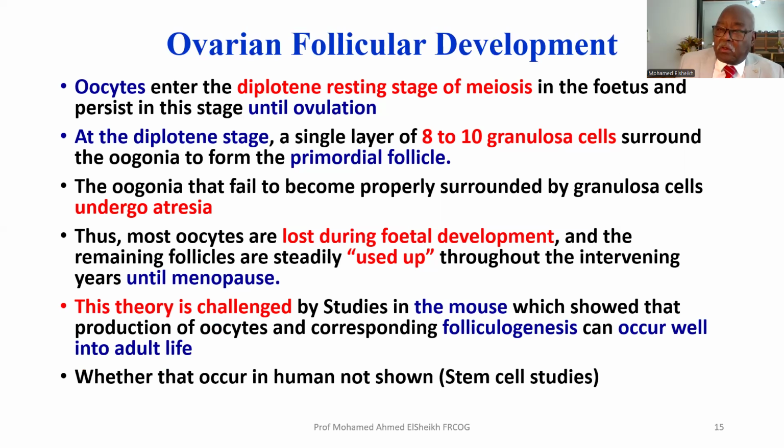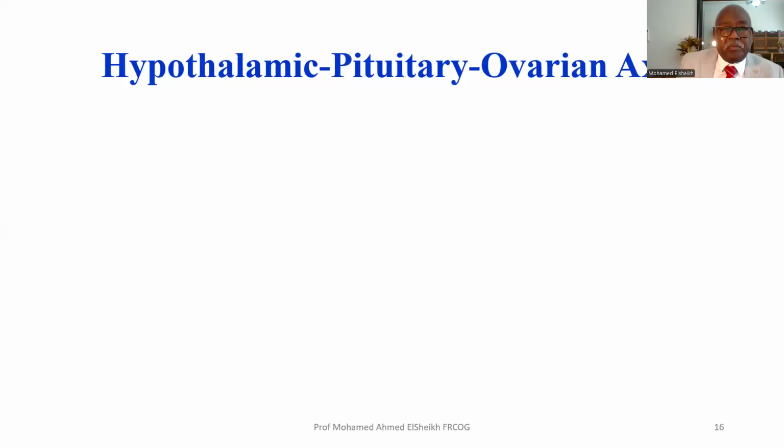We are dealing now with research in stem cells, and still we believe the theory that the girl will be born with all her possible oocytes, which will be used gradually within each menstrual cycle till the age of the menopause, when all will be used or gone.